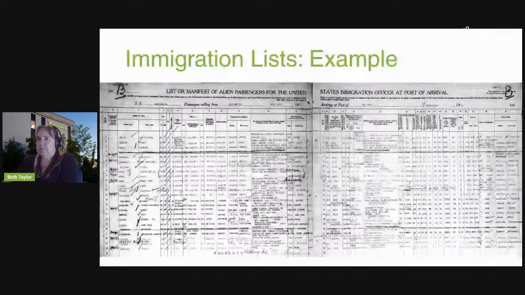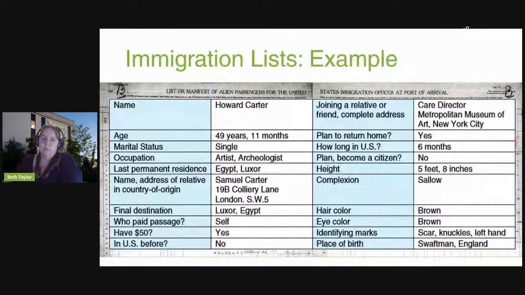So here's an example of an immigration list. We're going to focus again. It's got the 2 pages. We'll focus on this one line. And I know you can read it because it's all typed, but we'll pull it out a little bit. This is for a gentleman named Howard Carter, who was famously known for discovering King Tut's tomb. But we get his age, his marital status, like I was mentioning.